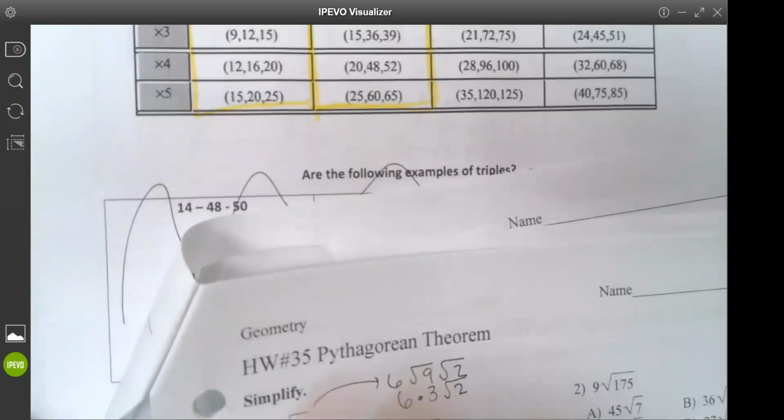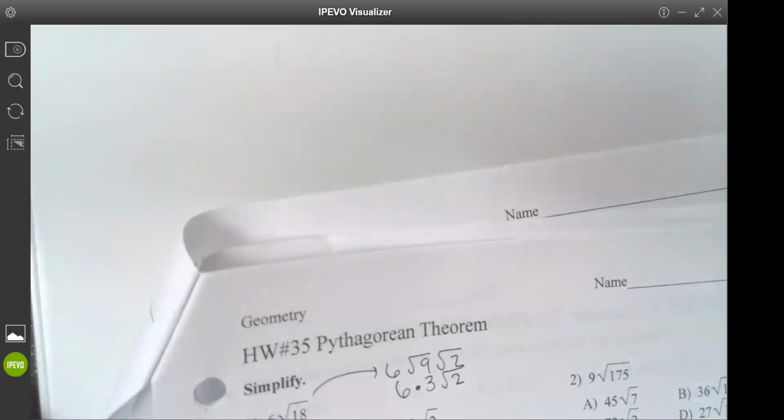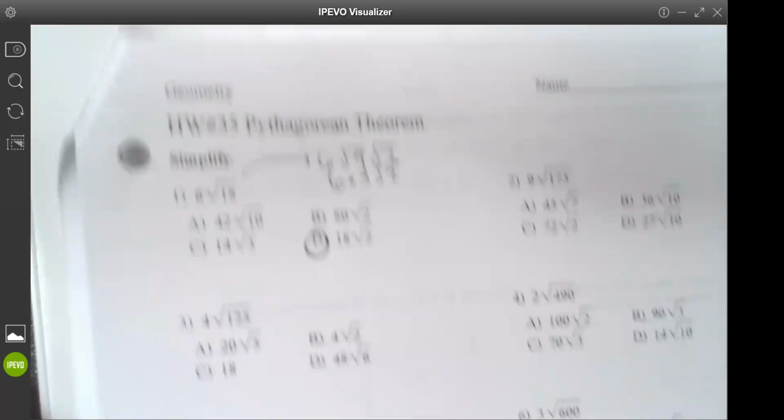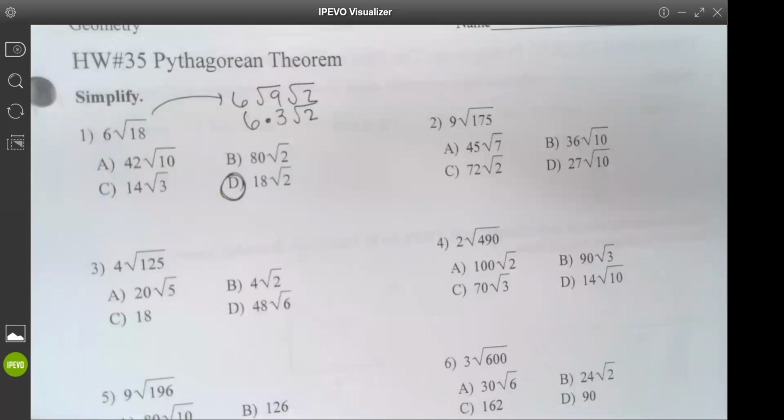We have a quiz Friday, but I'm not sure if I'm having you guys take it Monday. Can't remember. I'll check. We have a quiz on this beginning stuff, so simplifying rads, and the Pythagorean theorem. And that's basically it. But tomorrow we talk about something called the converse to the Pythagorean theorem. So you need to Zoom to get those notes.